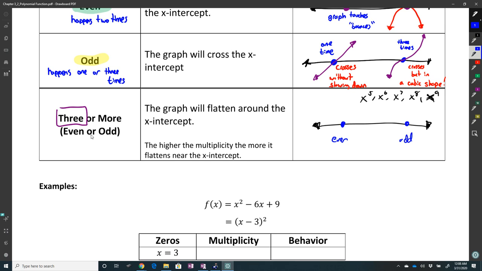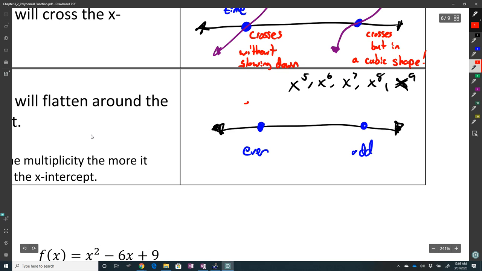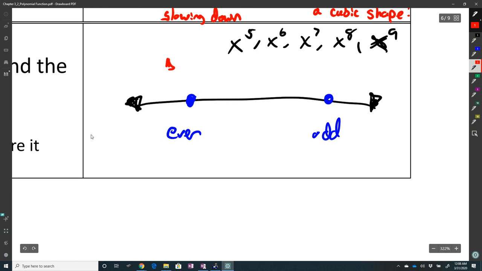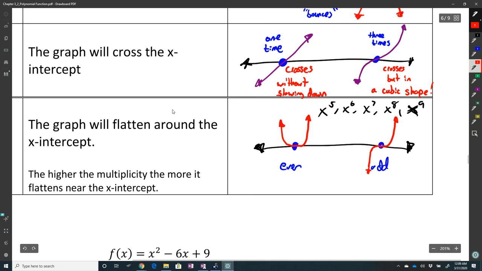The only difference is that it would flatten, just like we talked about earlier, and then it rises really rapidly. But you don't have to worry about that. The only case of curving that you have to worry about is if it happens 3 times. So I'm giving you a heads up. Cool? So that's the only time.